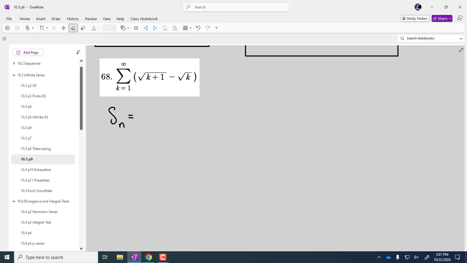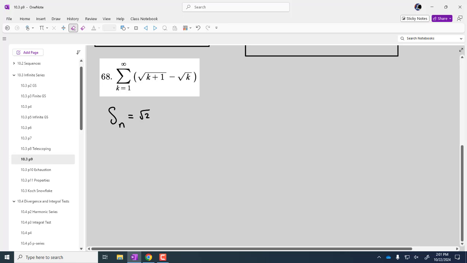Any series that you have, if you can find S sub n, you're golden, because then you can take the limit of S sub n and figure out if S is finite or infinite. But there's only two types of series that we are going to see that you can find S sub n for: telescoping and geometric. Only two.